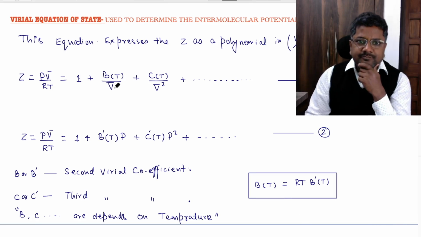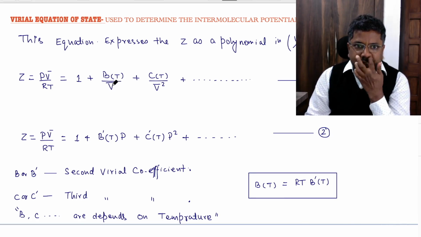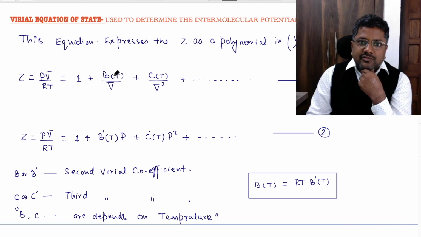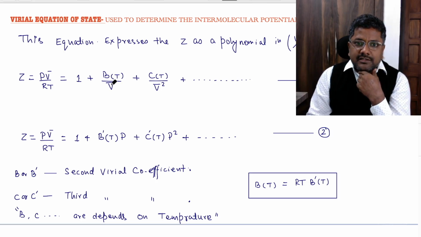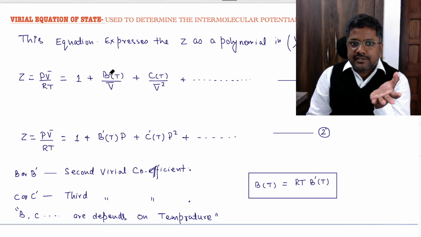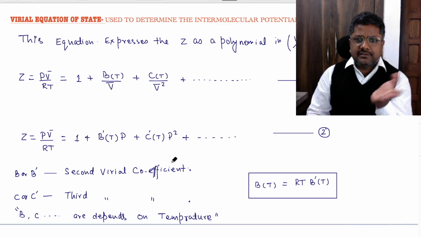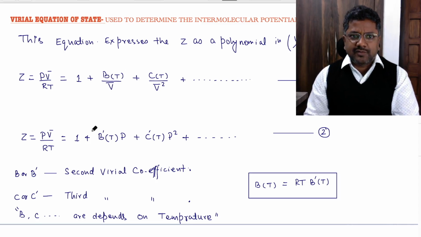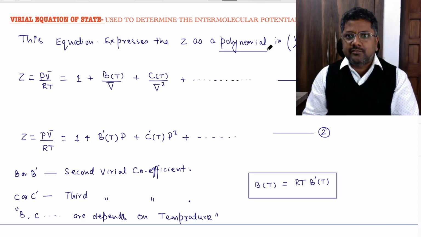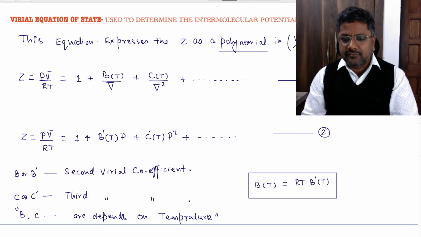Simply see here, if you put the equation of state V bar is equal to RT by P, here you will get RT and P. So R and T is constant, so B by RT is basically B dash. So you can simply write this relation in terms of pressure. Basic equation is this: a polynomial in 1 by V bar.